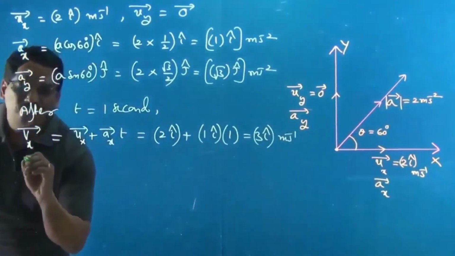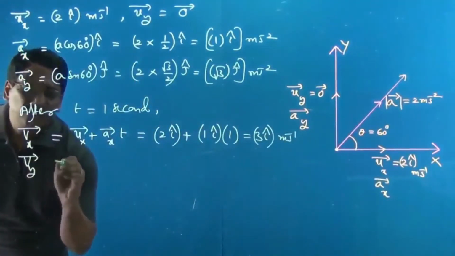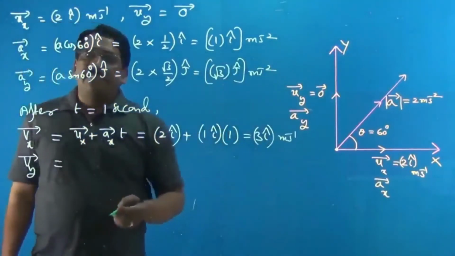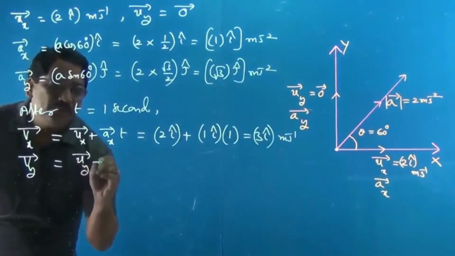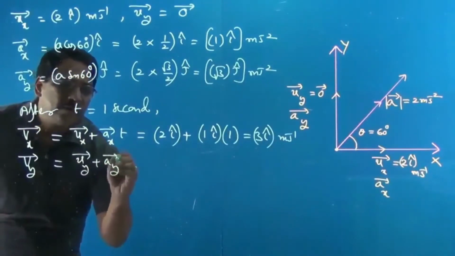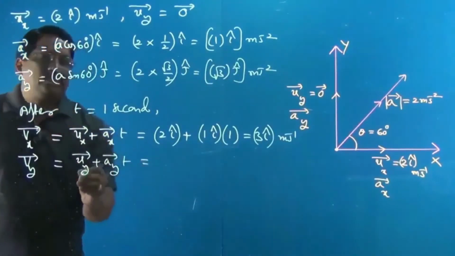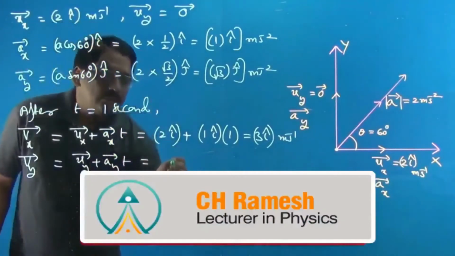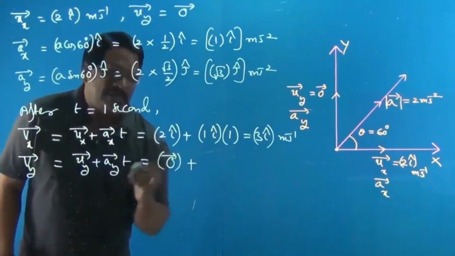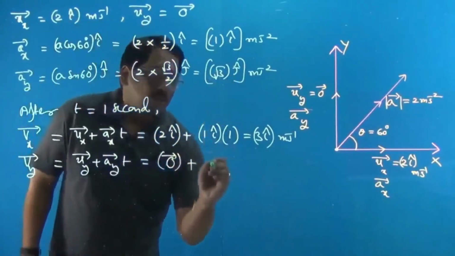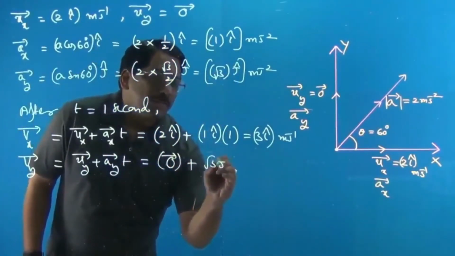What about Vy bar, the velocity component along the y-axis after 1 second? Again in the same way, uy bar plus ay bar into t. uy bar is 0 bar, there is no velocity, plus ay bar, which we got as root 3 j cap.